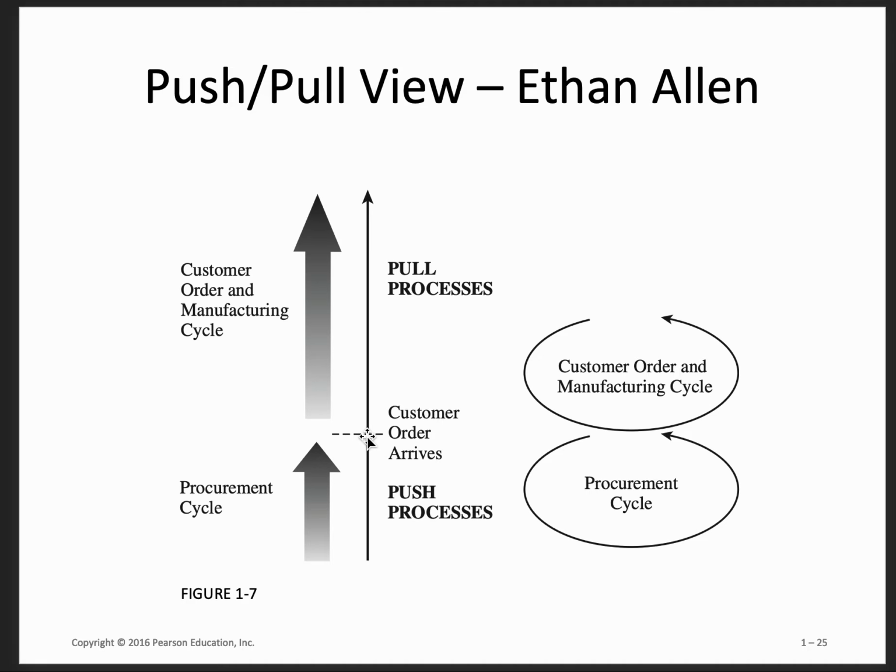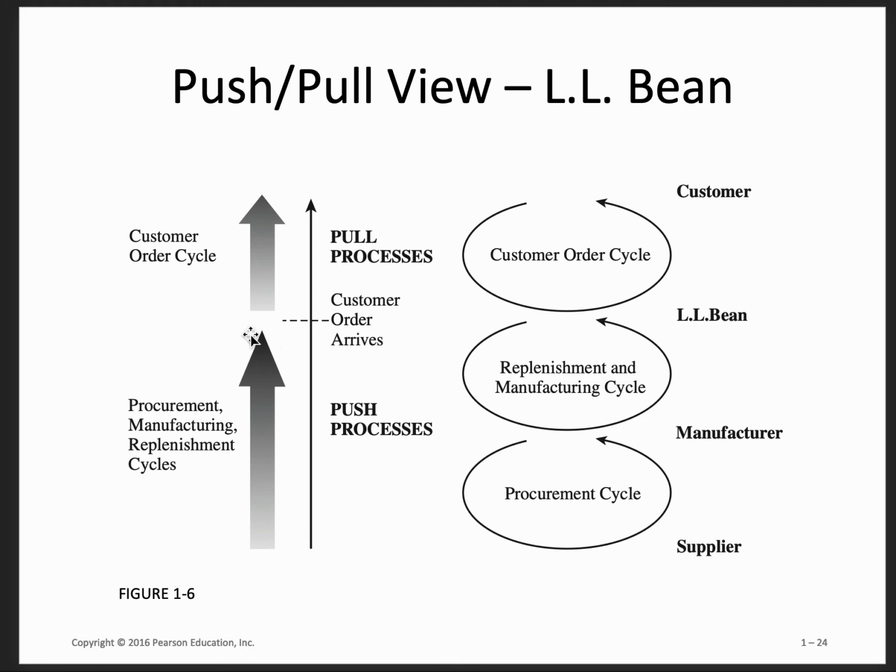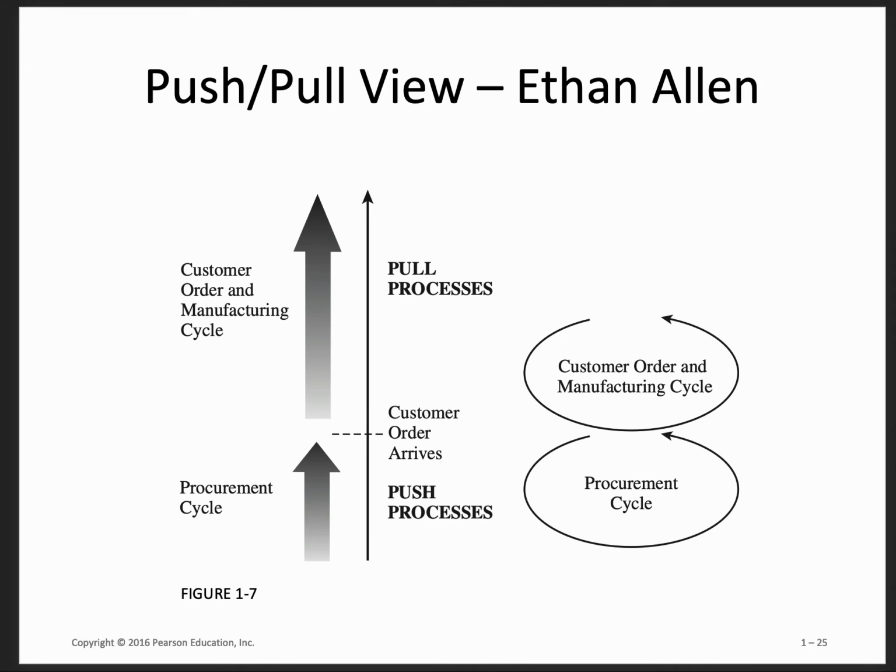Because you're buying custom made stuff, you place your order, and then once your order is placed, you probably pay a deposit or something like that, and then they manufacture what you want, and then they send it to your house. So here, most of the processes are pull processes. Only the procurement process is a push process, as opposed to LL Bean, where most of the processes are push processes, and only the customer order part is the pull process, right? So that's the difference between companies like Ethan Allen and LL Bean.